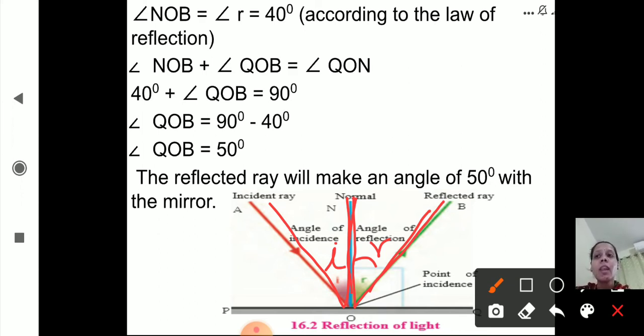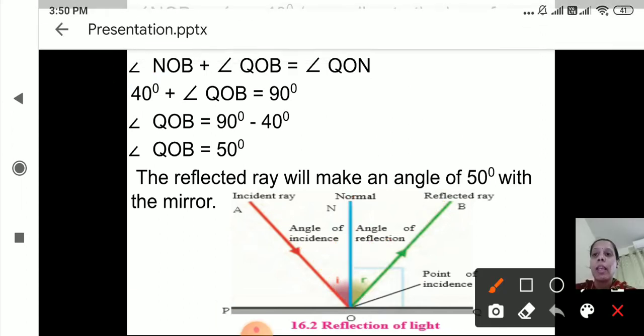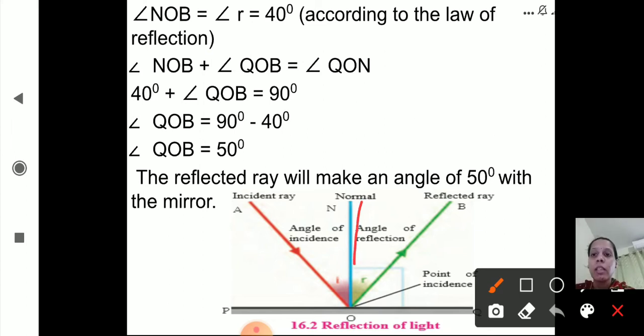Okay. Now the next step is, see here, angle NOB plus angle QOB is equal to QON. Angle NOB, this angle, plus angle BOQ or QOB, this is equal to angle QON, this full QON. Okay.